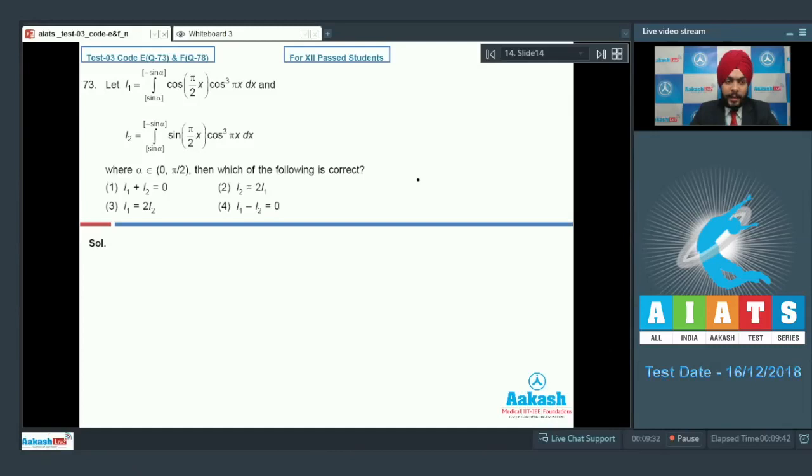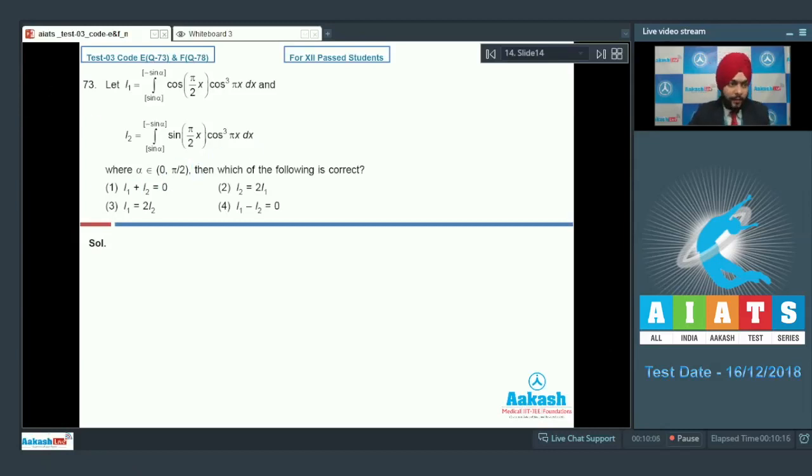Question number 73, based on definite integration, says that let I1 equal the integral from greatest integer of sin alpha to greatest integer of minus sin alpha of cos(pi x by 2) into cos^3(pi x) dx, and I2 equal to the same limits, but in place of cos(pi x by 2) there is sin(pi x by 2). Where alpha belongs to 0 to pi by 2, that means alpha is lying in the first quadrant.